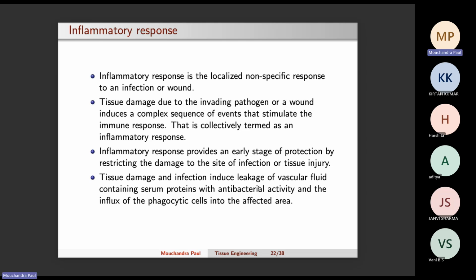Along with the leakage of the vascular fluid, there will be an influx of phagocytic cells, that is macrophages, neutrophils, monocytes, etc. They will come to the affected area; they are the first cells to come, and their response is non-specific. So the inflammatory response starts at a localized region, and it is non-specific.